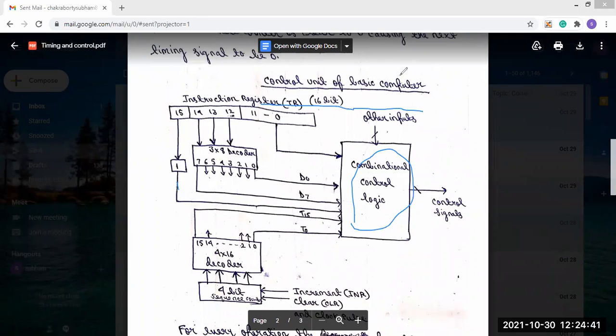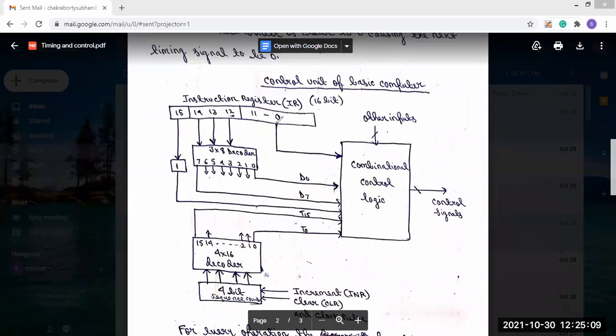Okay, I will explain it again. Basically, you see, this is the instruction register. We know that the instruction register is divided into 3 parts. From 0 to 11, this is for holding the address of the operand, and this will be applied directly to the combinational control logic gates.